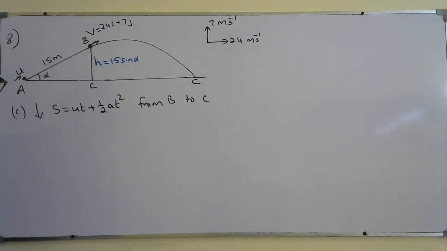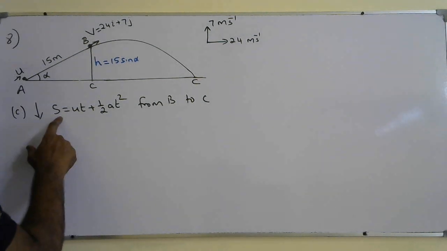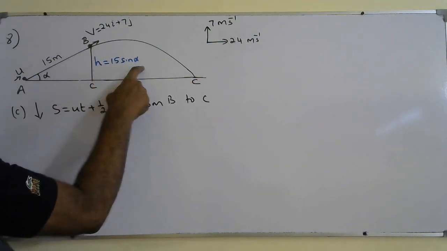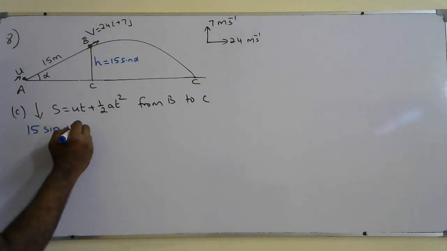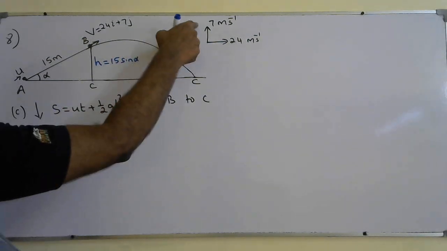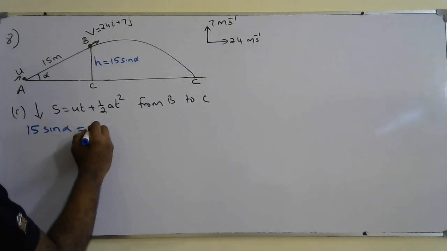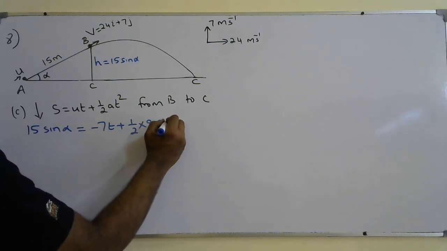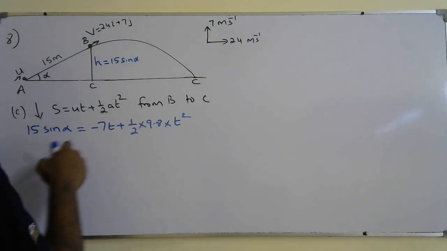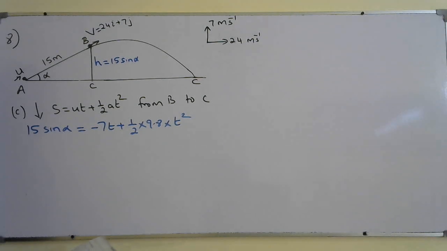When we consider the motion from B to C, the displacement from B to C is 15 sine alpha, which is the vertical displacement. u is vertically upwards. I am taking downwards positive. So minus 7t plus half into g, 9.8 downwards, t squared. Sine alpha, I know that 7 over 25.